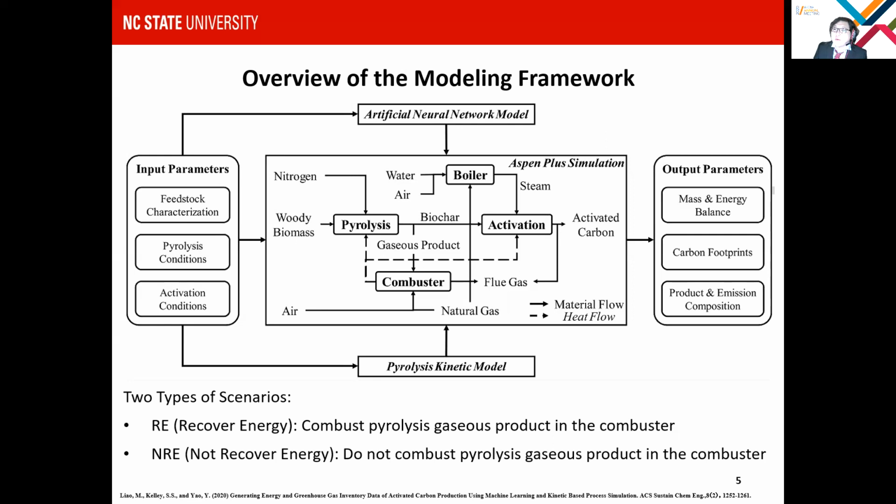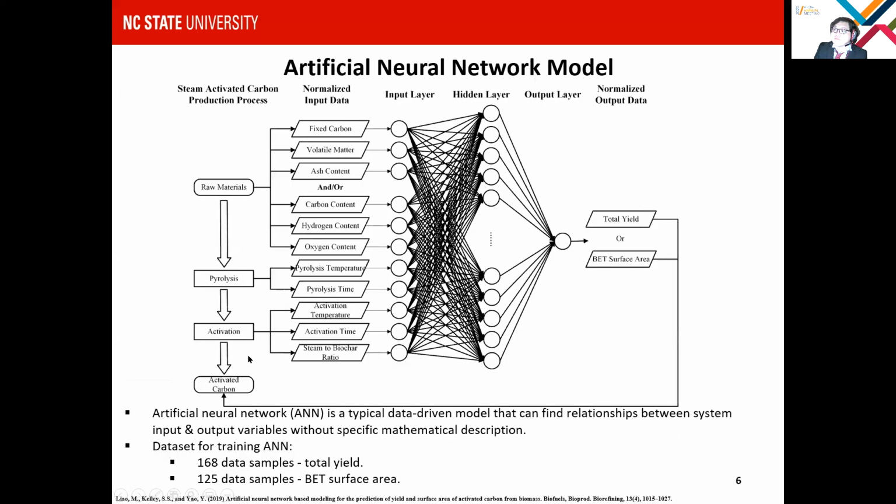In order to formulate this model, we have tried to integrate different types of technologies like artificial neural network, the pyrolysis kinetic model, and the Aspen Plus simulation. Now let's look at the details of them.